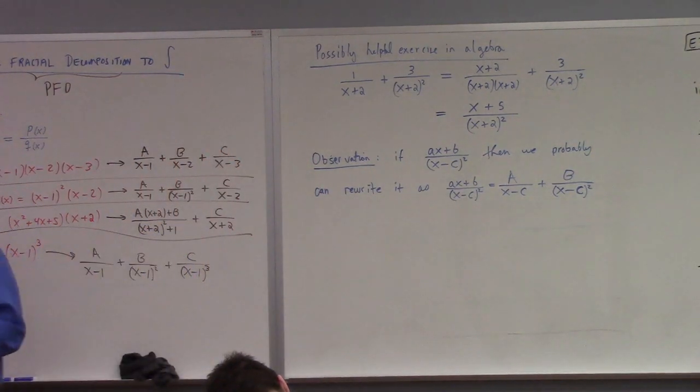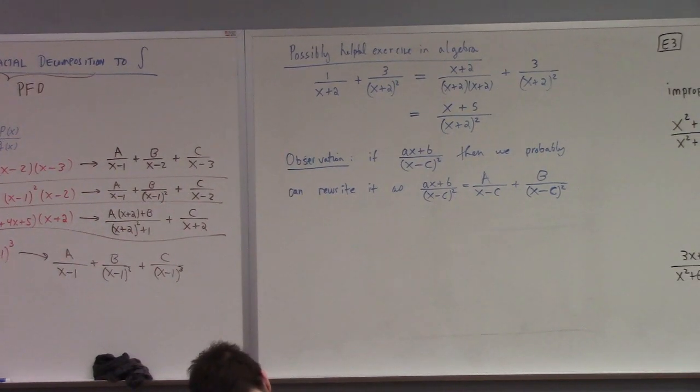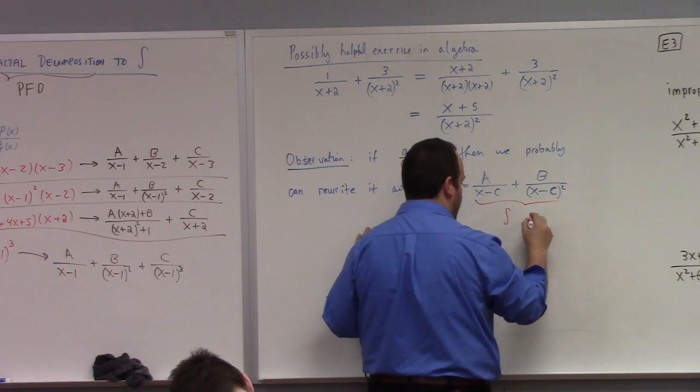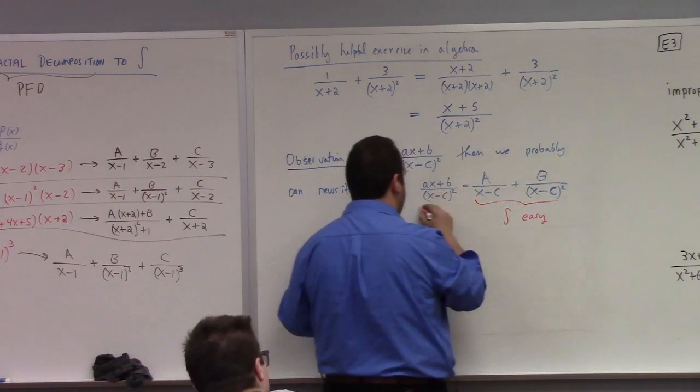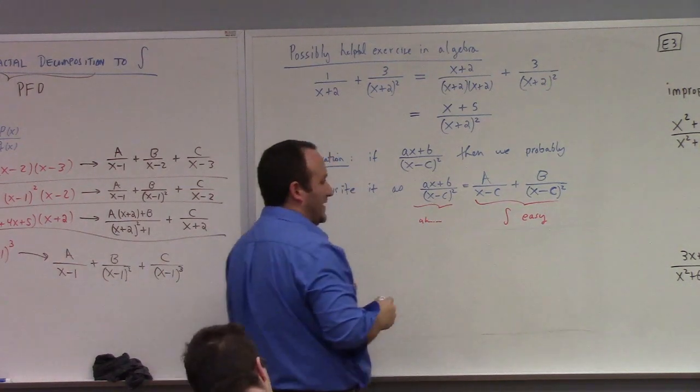The right-hand side of what I just wrote is the partial fractions decomposition in this case of a repeated linear factor. Why do we prefer the right-hand side to the left-hand side of what I just wrote? What's that? Yeah, exactly. This, we can integrate. Easy. This, maybe, maybe not. I don't know.